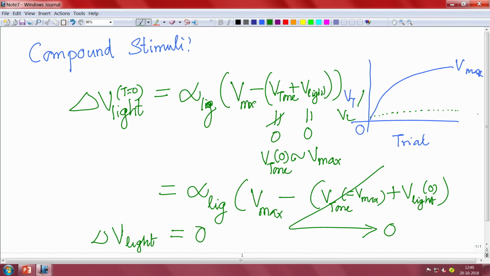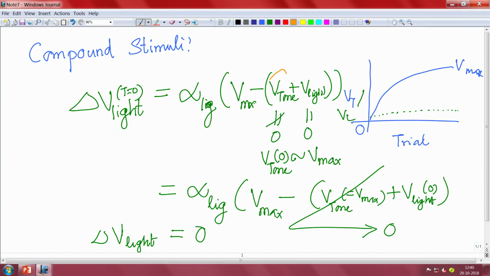However, that is not to say that if we were to separately pair the light with the shock, not in the form of tone plus light and then shock, but instead in the form of light and the shock, then in such a case there is no compound stimuli. So, this tone term does not come in because it is only light.